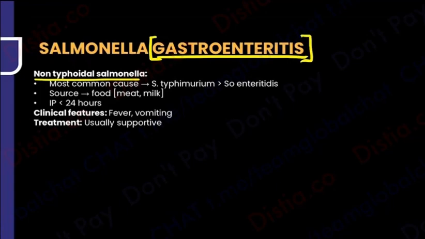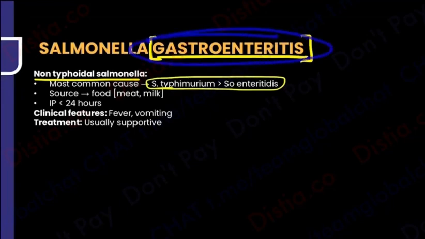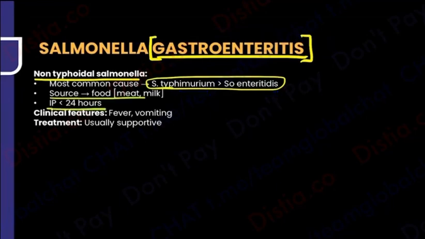So you'll say, ma'am, gastroenteritis is telling me that it is causing something like enteric fever. But you said it is not caused by Salmonella typhi. What is it caused by? It is caused by typhimurium or enteritidis. It is going to have a source of food contamination, meat, milk, and a short incubation period of 1 day.